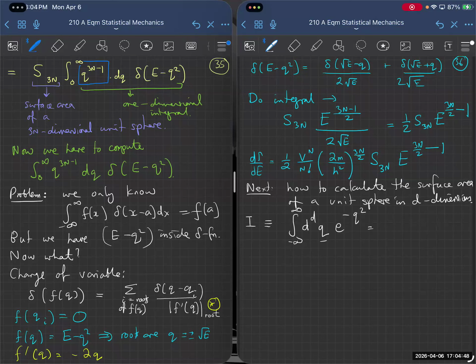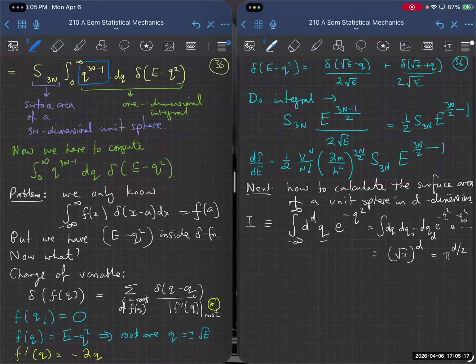This factorizes as the integral dq1 dq2 up to dqd, and then e to the minus q1 squared, e to the minus q2 squared, etc. So this thing is just going to be root pi to the power d. So you were pretty close. That's what you were thinking of. Okay. So that's how you do that integral.